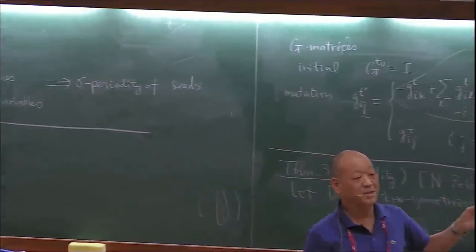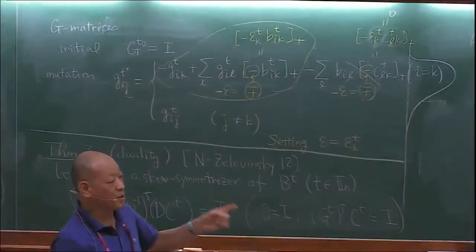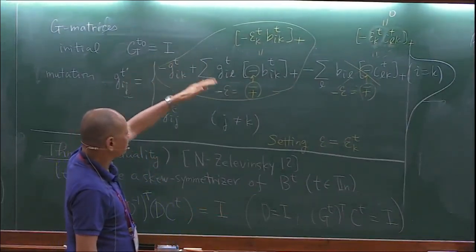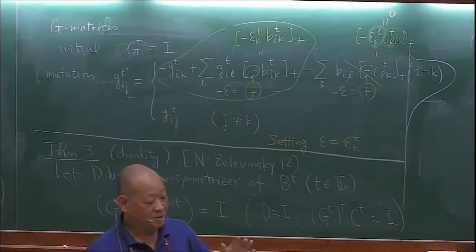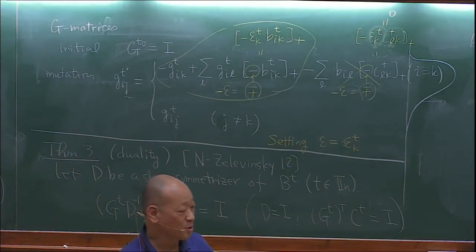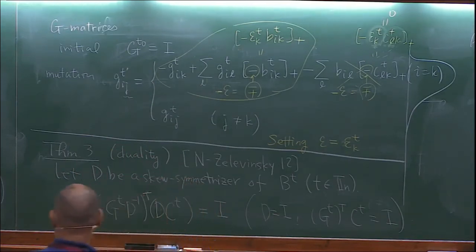A computer can easily calculate it, first of all, and moreover, in many contexts, this C-matrix mutation formula, which I have written in that way, is realized as a certain transformation of a root system. So in that way, you can really prove the periodicity when it is necessary.